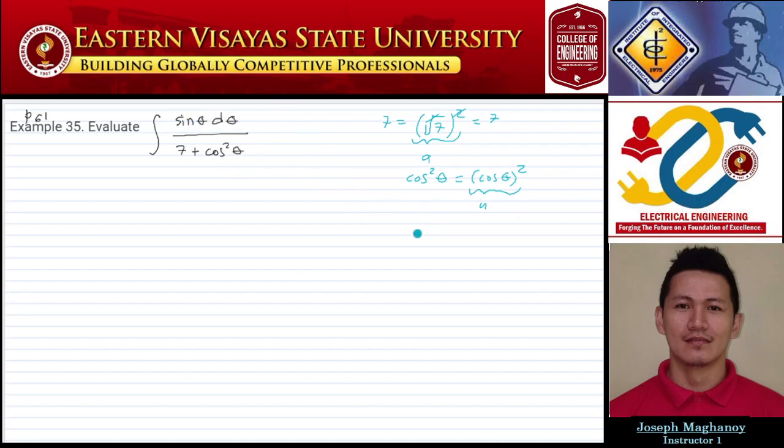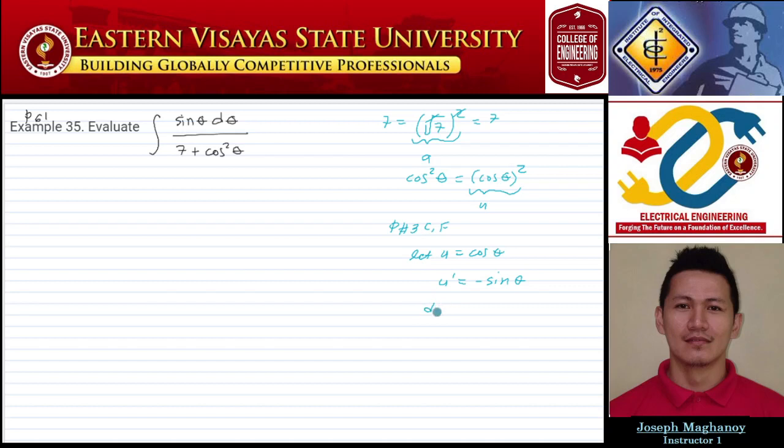So by applying our property number 3, the correction factor, if we let our u equal to cosine theta, we can have the first derivative of cosine is negative sine theta.